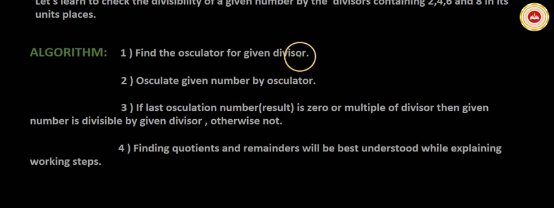In this topic also there are two osculators, a positive osculator and a negative osculator. We will learn how to calculate the positive osculator and the negative osculator for those divisors.